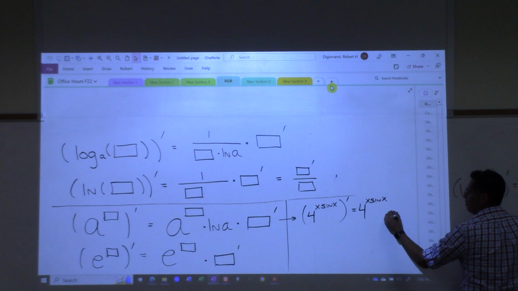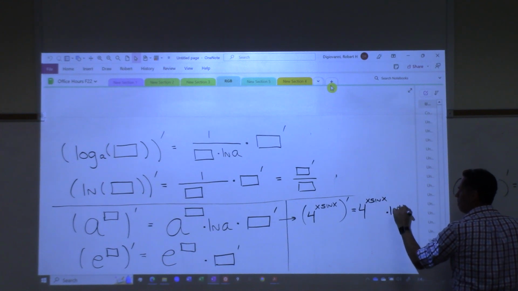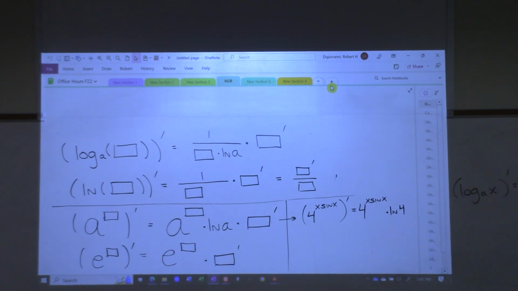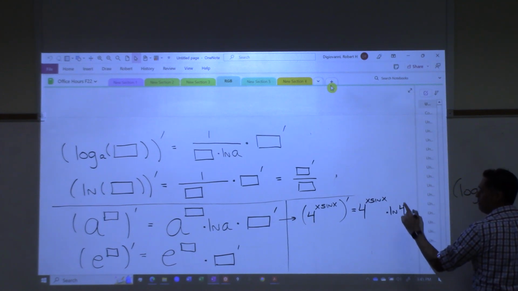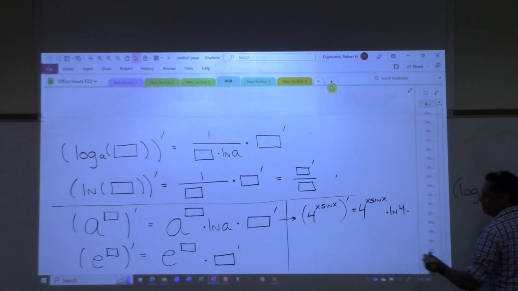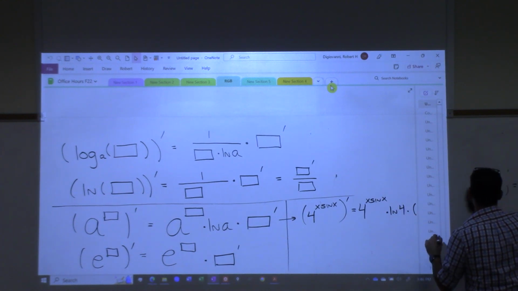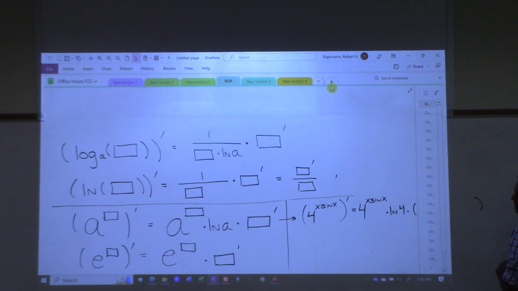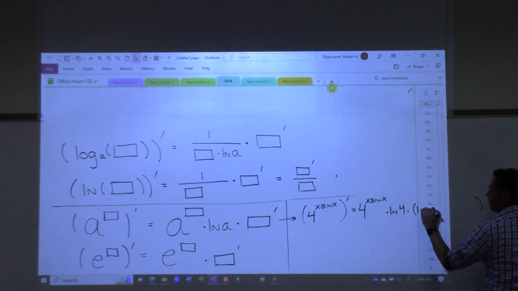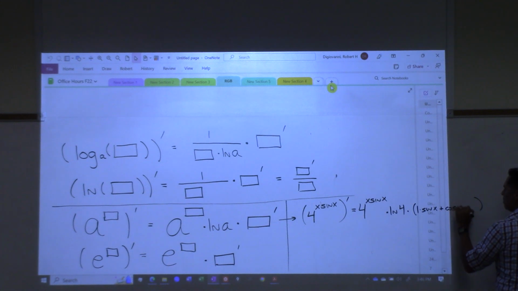Then I have to tack onto it times natural log of 4, because that was my base. But then next to that, what do I need? The derivative of what was up there, which is going to require product rule. And so I need to throw that in parentheses, and I'm going to go off camera, but it's okay. So the derivative of what's in there was 1 times sine x plus cosine x times x. That's the derivative.